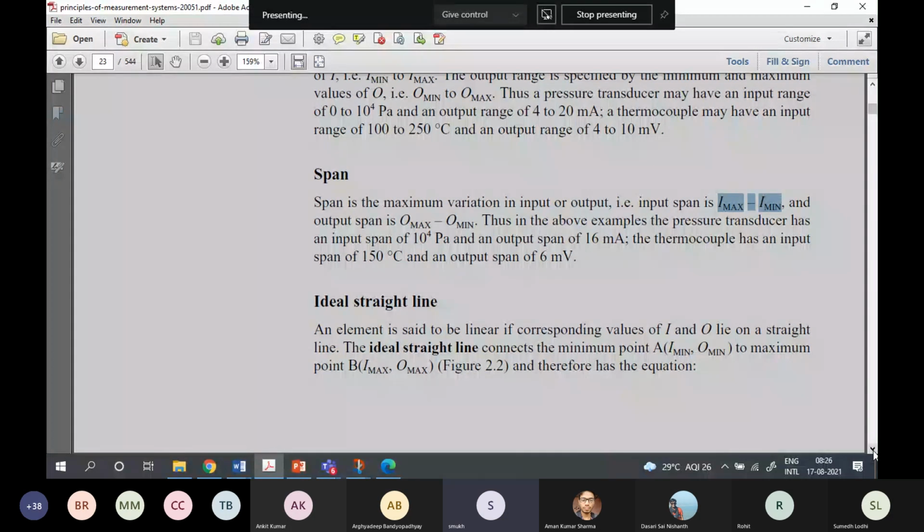So very often the manufacturer tries to give an impression to the customer that the characteristic of the sensor is a straight line. Why?